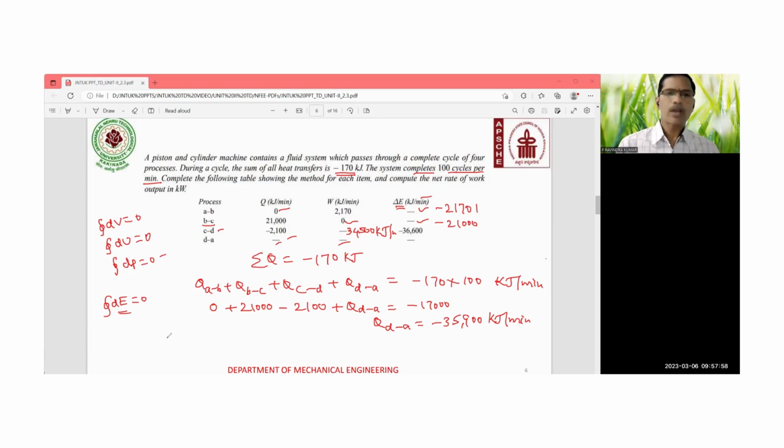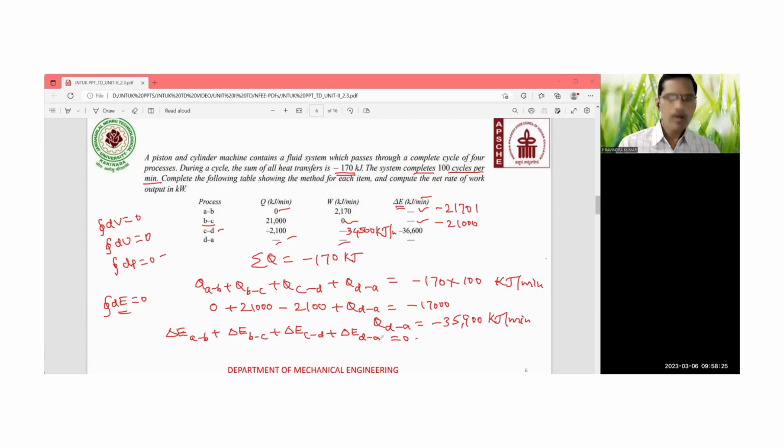So connected to that, delta E for the A to B process plus delta E B to C plus delta E C to D plus delta E D to A is nothing but equal to 0.